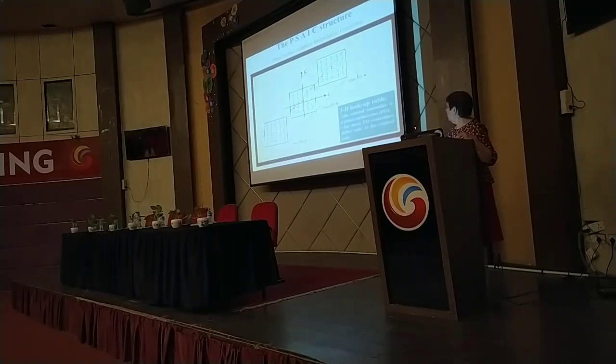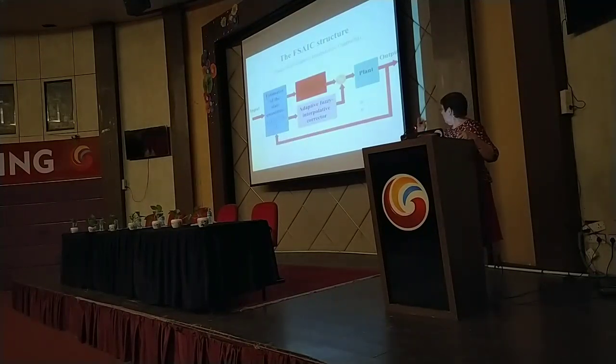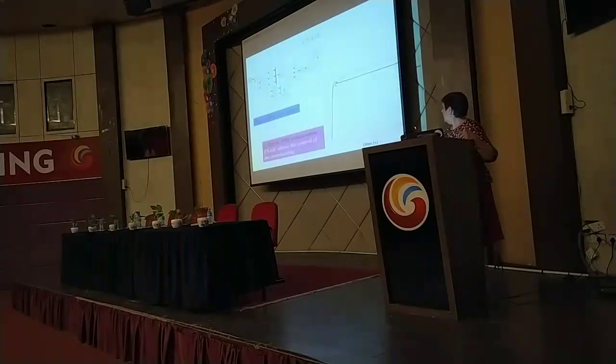Here it's 0, -2, +2. All the other numbers are there. So we have the error, the derivative of the error, and we introduce the integral of the error here. The structure: we have the input, the output, and we have an estimator.